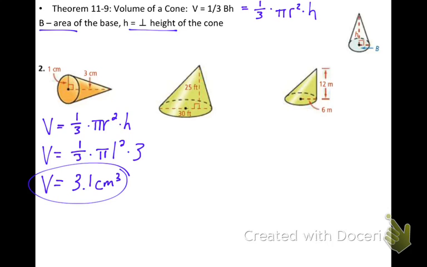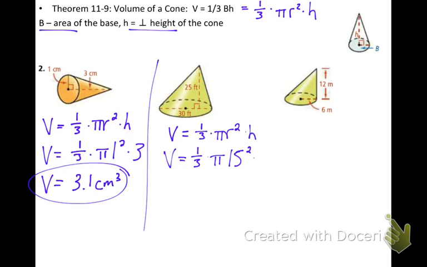With this second one, again, it doesn't matter that it's slanting, because I can just straighten it out, and the volume would still stay the same. So volume is equal to 1/3 times pi r squared times my height. So I get my volume is equal to 1/3 times pi, my radius is 15 squared, times my height, which is 25.